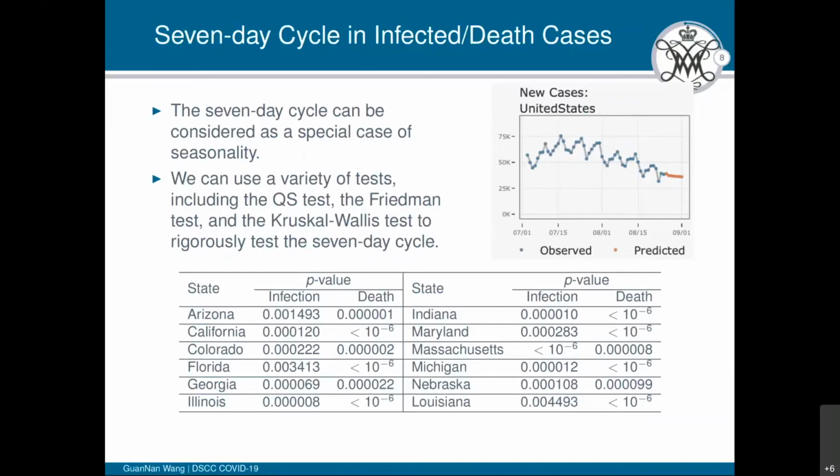Overall, 32 states show the 7-day cycle in both the infected and fatal cases. This cyclical pattern is less evident at the county level. So we performed the same test on all the counties. Among all of them, 703 counties show the cyclical pattern in the infected cases, while 200 show the cyclical behavior in the fatal cases.